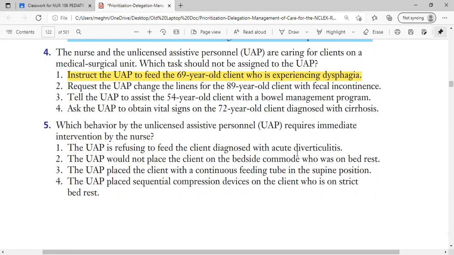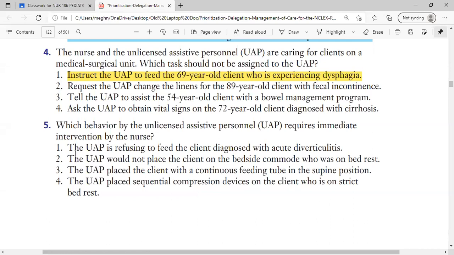So the UAP is doing something wrong, so the nurse should intervene? Number 2, the UAP would not place the client who is on bed rest on the bedside commode. Number 3, the UAP placed a client with a continuous feeding tube in the supine position. And number 4, the UAP placed a sequential compression device on the client who is on strict bed rest.